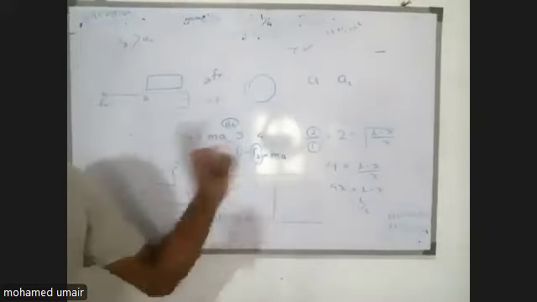So 5 minus 4 is 1, whereas 5 minus 3 is 2.